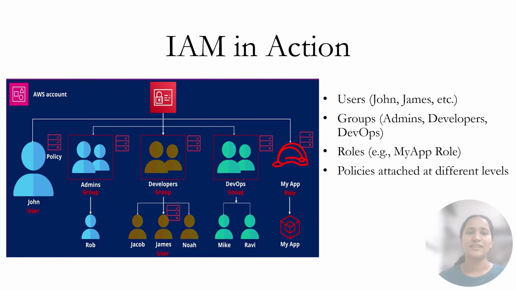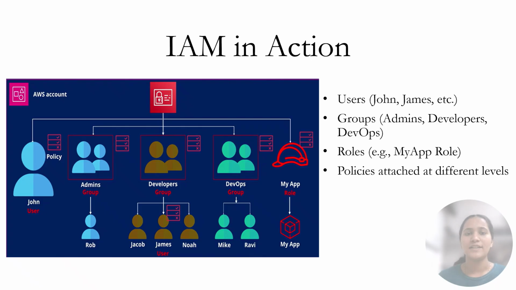Let's look at the diagram to understand IAM in totality. As you can see, we have user John, who has a policy attached to him. Then we have different groups: admin, developers, and DevOps. Each of these groups has policies attached to them. Also, each group has one or more users. Also, notice that when a user is assigned to a group, separate policies are not attached to them.